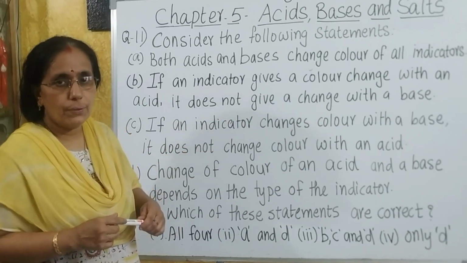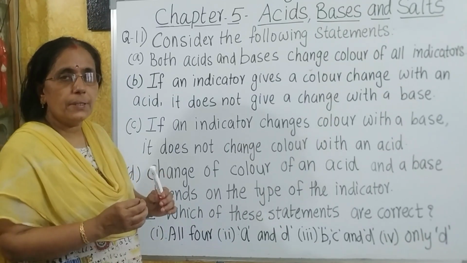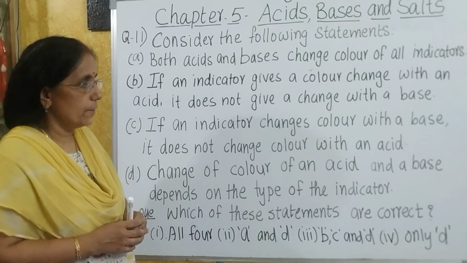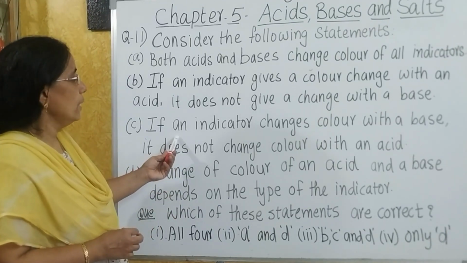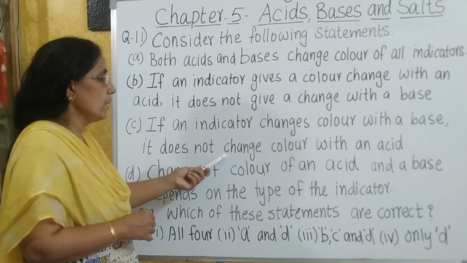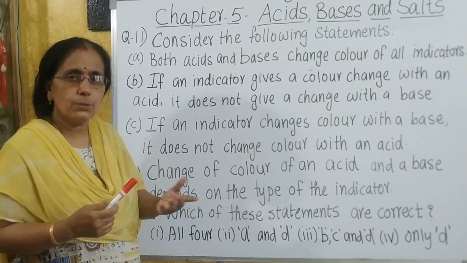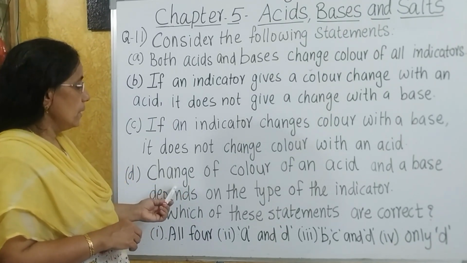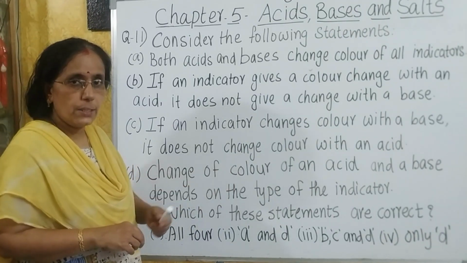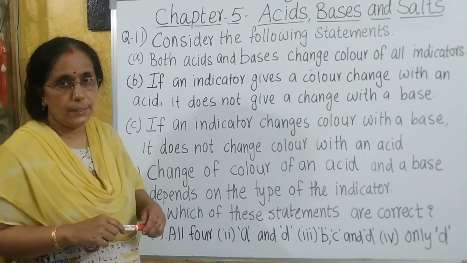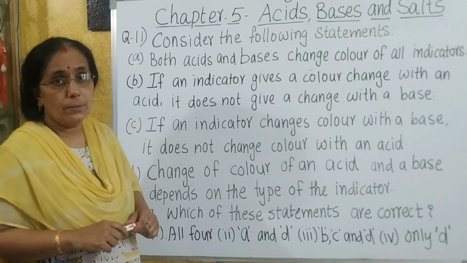That is also not correct, because the same indicator can give different colors with acid and a base. Third one, if an indicator changes color with a base, it does not change the color with an acid. It is also a false statement. Last one is, the change of color of an acid and a base depends on the type of the indicator. It is a true statement.